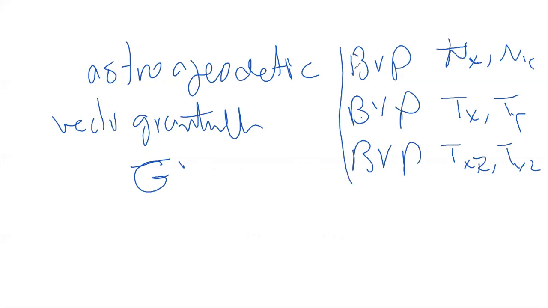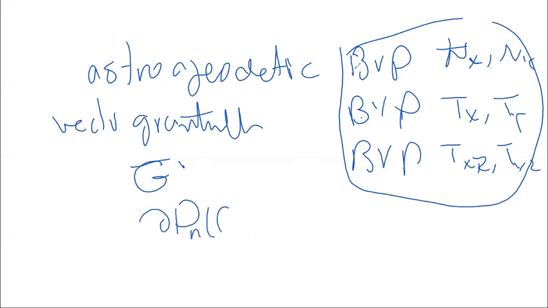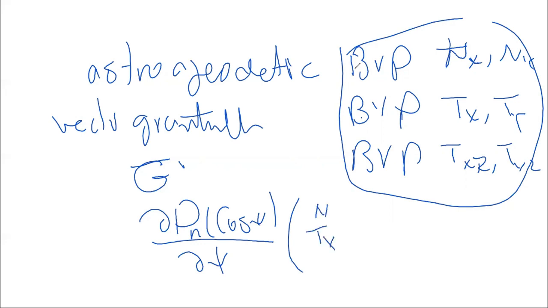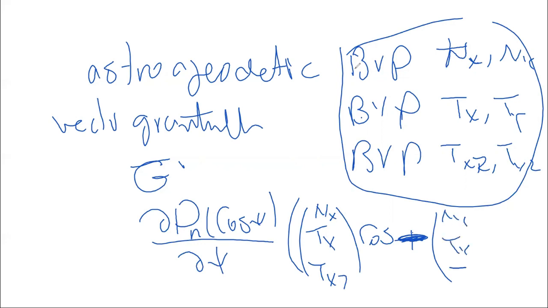In all of these types of kernels, we have this term, the kernel function. If you remember the mathematical model, the psi, and we have had the quantity, it could be N, could be TX, could be TXY, and we have had cosine alpha plus minus NX and NY, TY, TZ, TYZ, sine alpha.